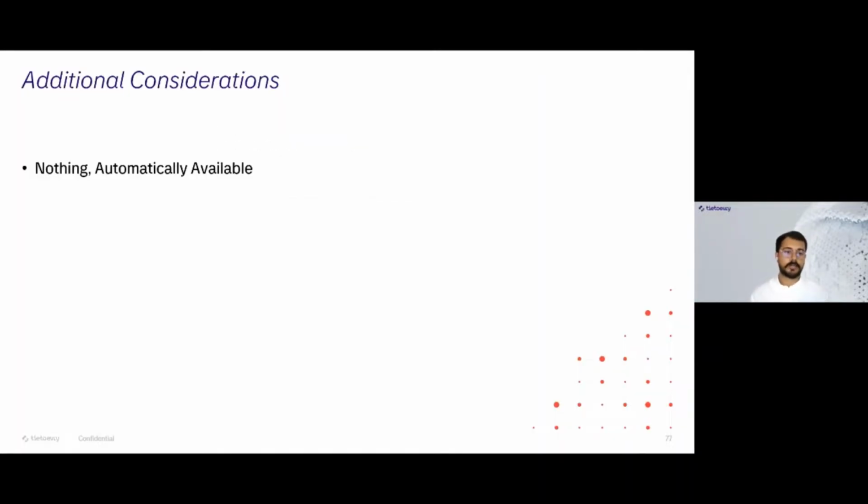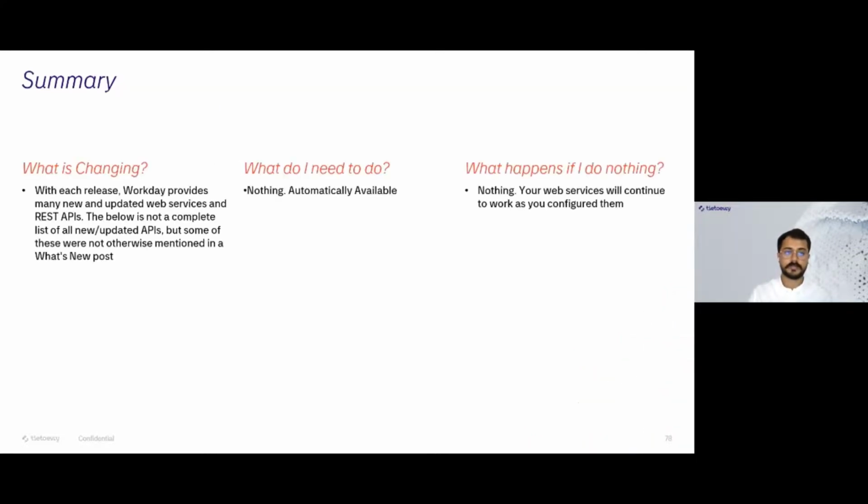All of this is automatically available and there is nothing we have to do. It is improving the functionality of the various web services and REST APIs, and even if we don't make any particular change, it will get updated.